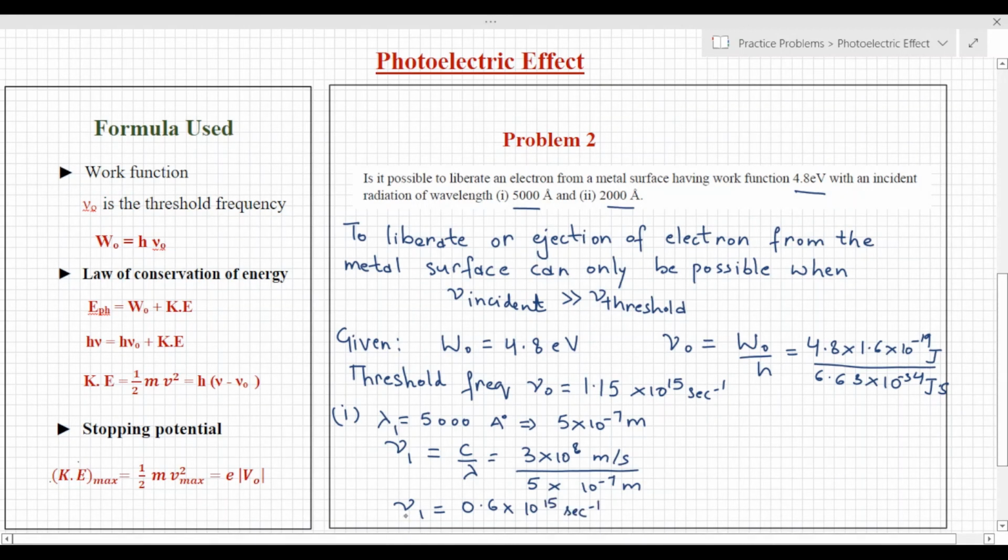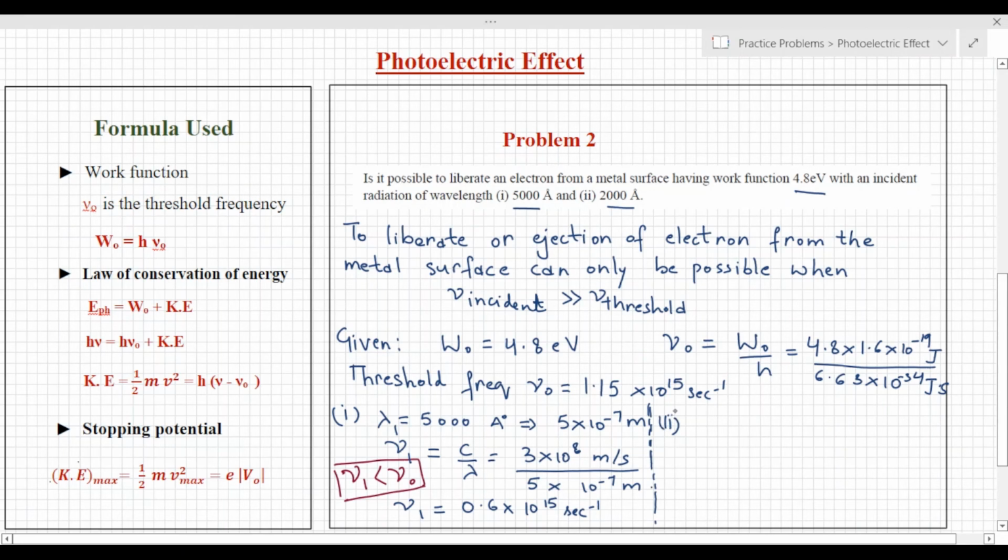You can easily see that this nu 1 is less than 1.15, so this nu 1 is less than your threshold frequency. So the liberation of electron cannot take place with this wavelength.